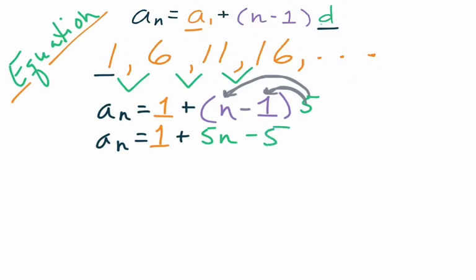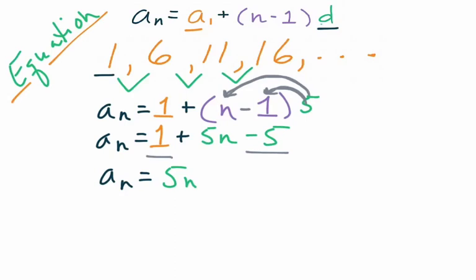All right, we've almost simplified this down, but we can combine a couple of like terms here, okay? I've got a 1 here, and then I've got a minus 5 or a negative 5 there. Well, we can actually do some math there. We can do 1 minus 5. So I can simplify this equation all the way down by doing this. I can do a of n equals. I'm going to go ahead and put the 5 in with the variable first.